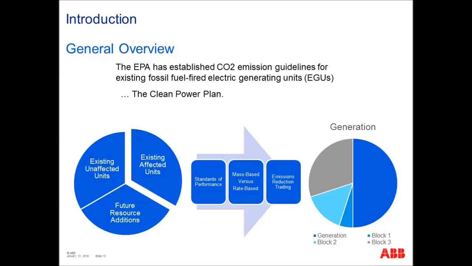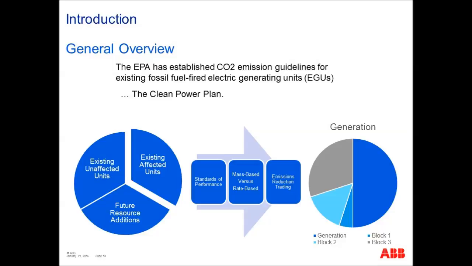Now, if you've been asleep for a while and you just woke up, you might know that the EPA has guidelines for emissions, and they're calling that the Clean Power Plan. And one of the important aspects of understanding this Clean Power Plan is that it is only affecting existing units that are coal and natural gas combined cycle.